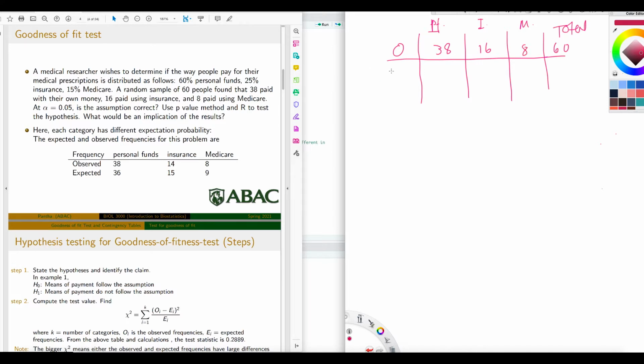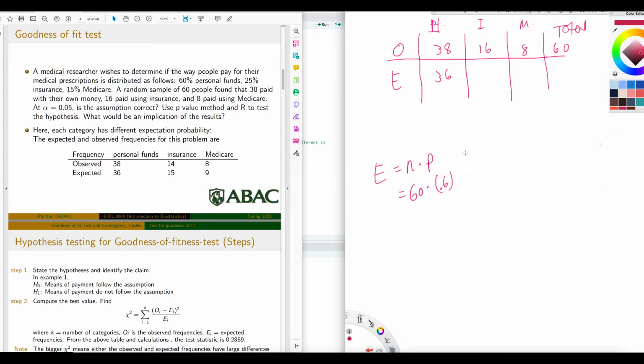Now you want to find the expected values. The formula for the expected value is N times P. N is the total number observed, which is 60, and P is the probability or percentage. For personal fund, 60%, so you do 60 times 0.6, which is 36.